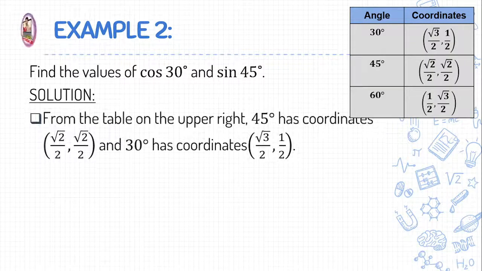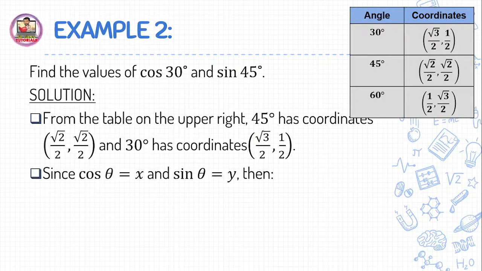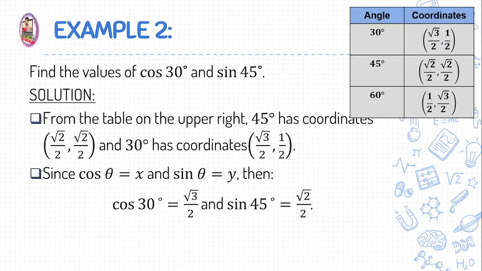From the table on the upper right, 45 degrees has coordinates square root of 2 all over 2, square root of 2 all over 2, and 30 degrees has coordinates square root of 3 all over 2 and 1/2. Since cosine theta is equal to x and sine theta is equal to y, then cosine 30 degrees is square root of 3 all over 2 and sine 45 degrees is square root of 2 all over 2.